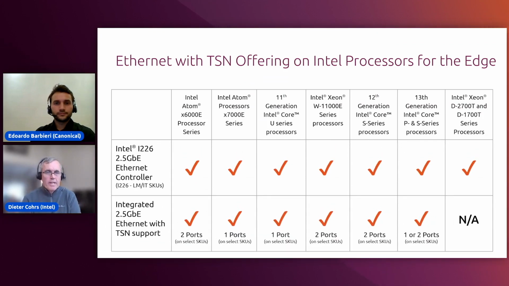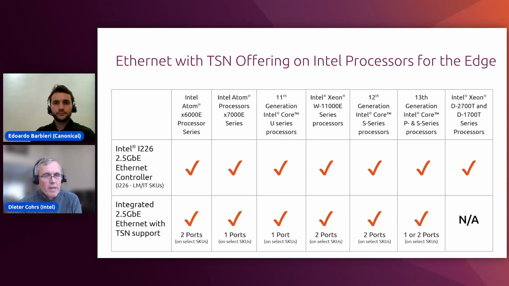So just looking at what that TSN offering is, it varies a little bit from platform to platform. What you see in the table below is the different platforms that I had in the earlier slide that we have real-time support on, and then what our options are for TSN support.